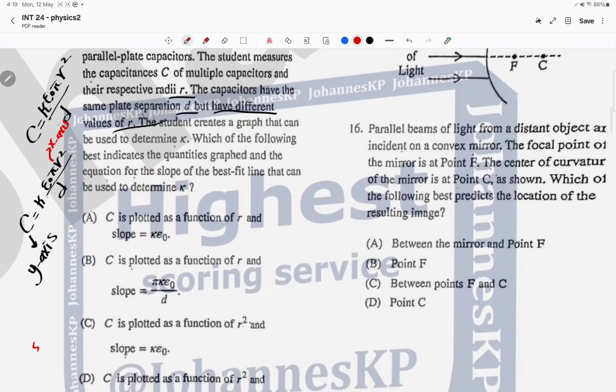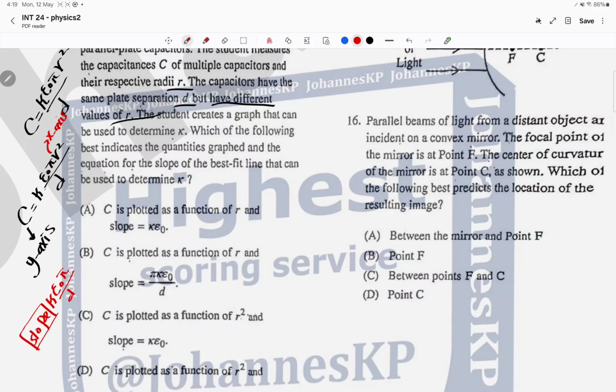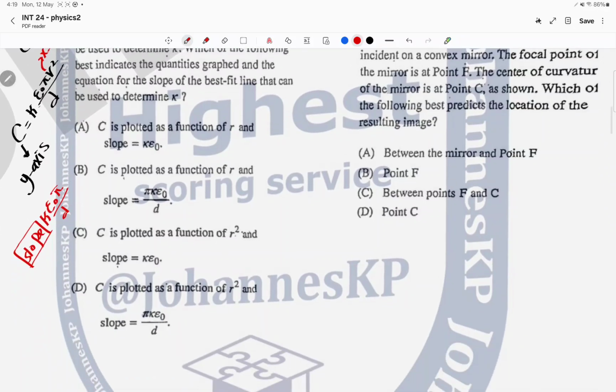That means the slope is equal to kappa epsilon pi over D. So C is plotted as a function of r squared. So choice D. I think we're killing it.